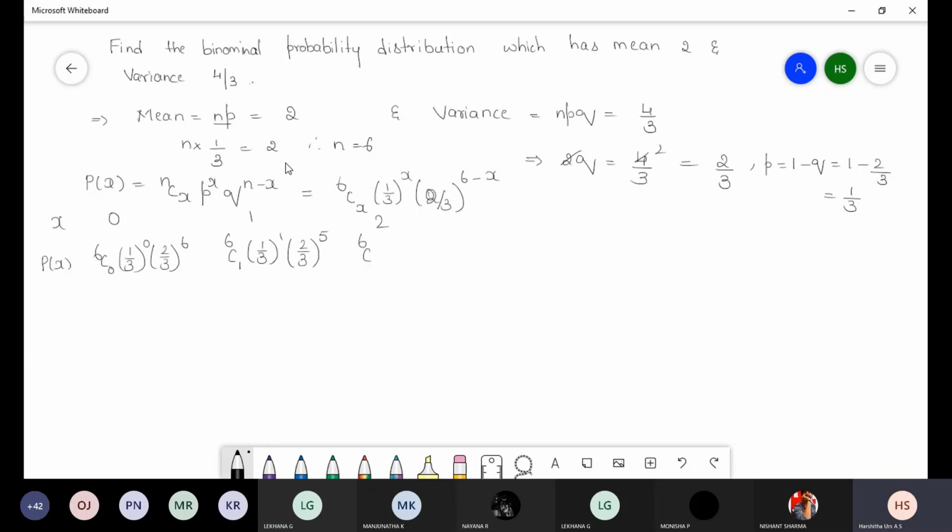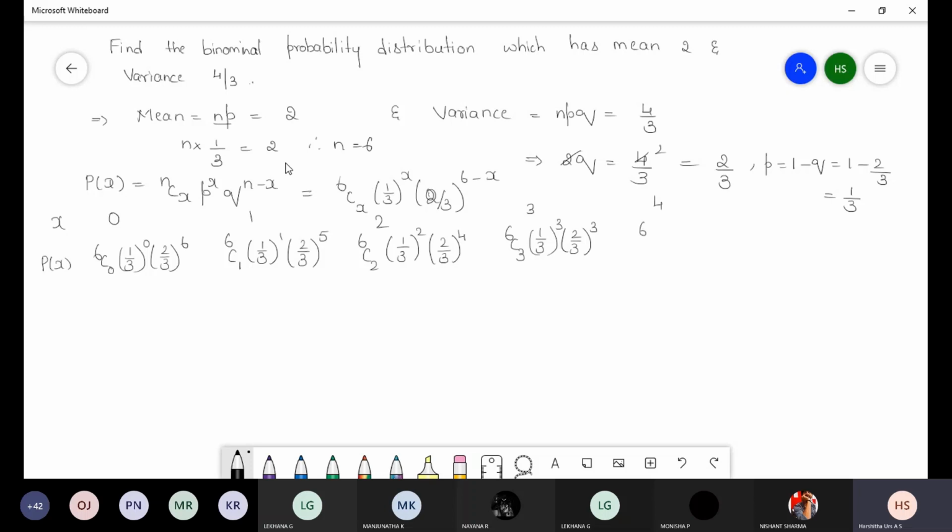Next 2: 6C2, 1/3 power 2, 2/3 power 6 minus 2, 4. Next comes 3: 6C3, 1/3 whole power 3, 2/3 whole power 3.